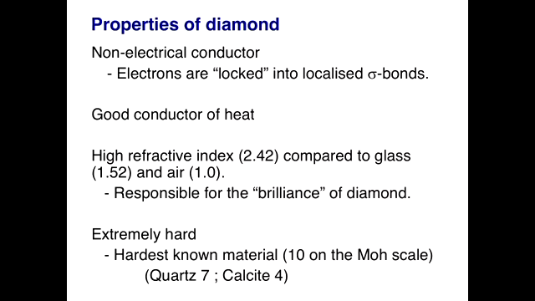Now the properties of diamond result from that structure. It doesn't conduct electricity because the electrons are locked in those sigma bonds. It's a good conductor of heat. It has a very, very high refractive index, and that's responsible for the brilliance of diamond, and that's why diamond's used in jewellery. And it's extremely hard.